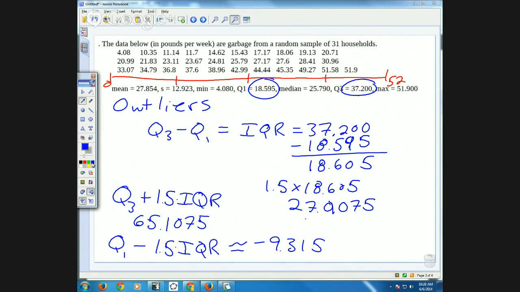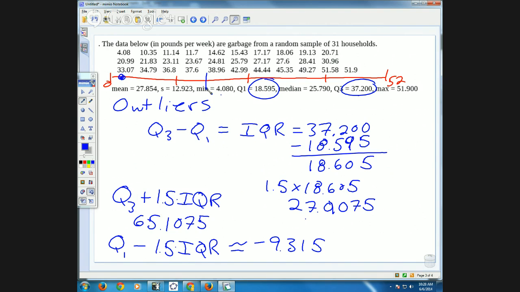So let's see. My min of 4 would be somewhere over here. I'm drawing my box and whisker plot here, roughly. My Q1 is 18. This is 26. That's 13. So 18 is going to be close to the middle here. Median is 25.7.